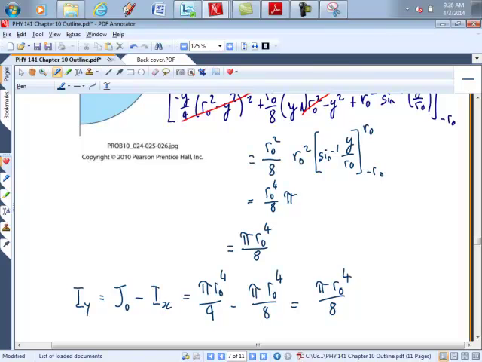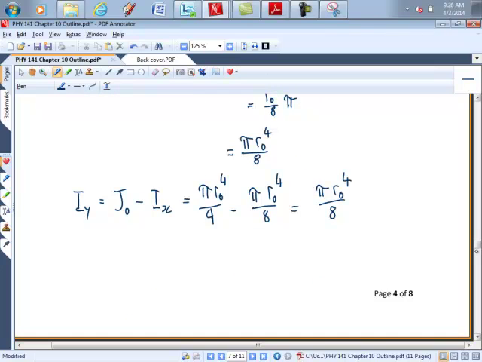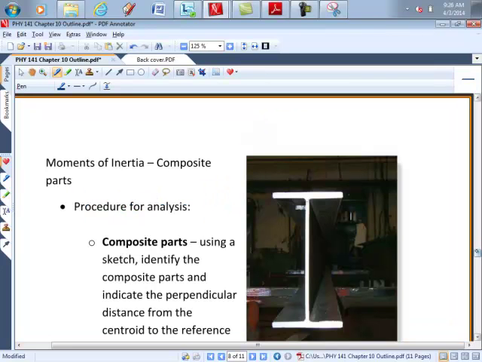So we don't really have to worry about it. On the final exam, the integrals will all be things that you can complete in a reasonably short amount of time. And there's not going to be a lot of integration on the final exam either, because it's only a small part of what we're doing in the statics course.